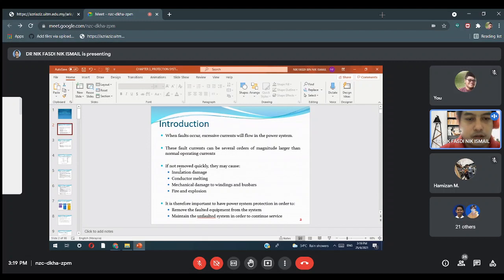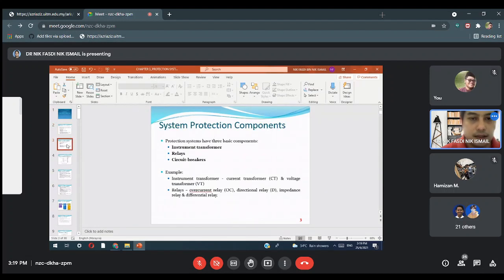This is to avoid insulation damage, conductor melting, mechanical damage to windings and bus bars, fire and explosion. These are the effects of not removing the faults. So we need to protect our system.